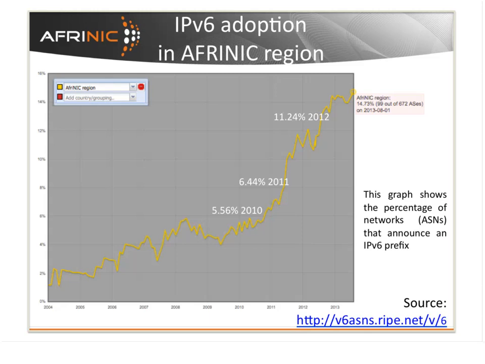And today, to be precise, the 1st of August 2024, based on this graph, AFRINIC ASN visibility over IPv6 was 14.73%.